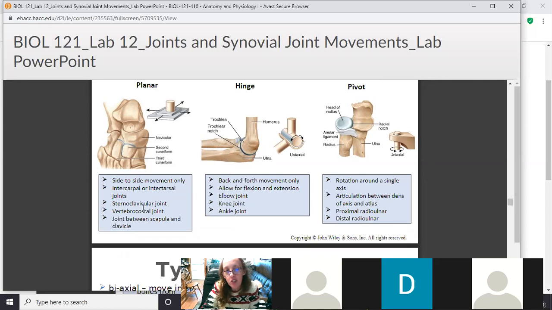Here are the examples for the planar: the sternoclavicular. Remember, that's where your sternum is meeting up with your clavicle. Your vertebrocostal, where your ribs are meeting up with your vertebrae. Your joint between your scapula and your clavicle.